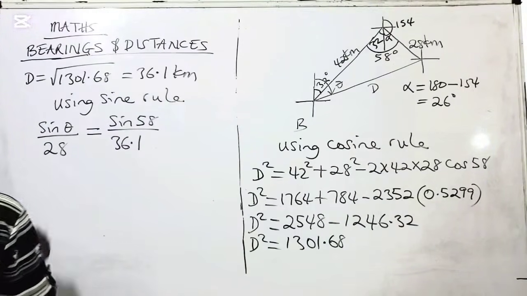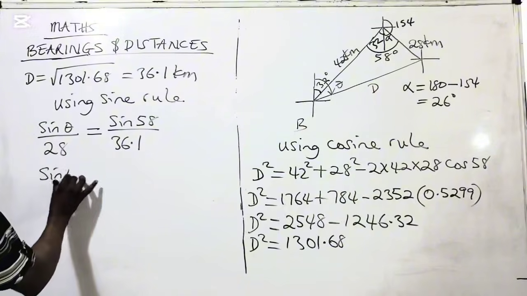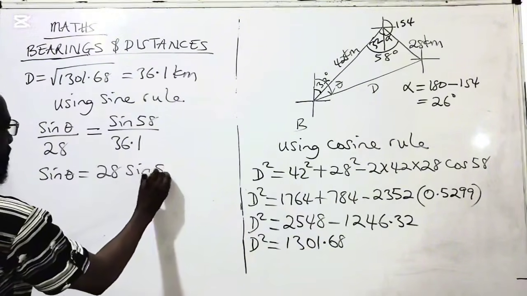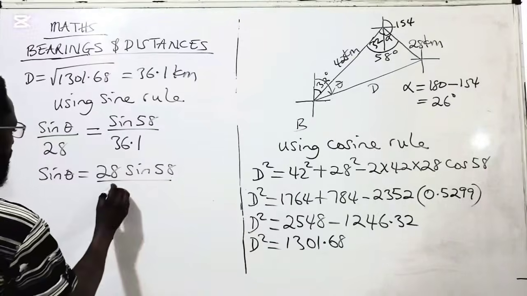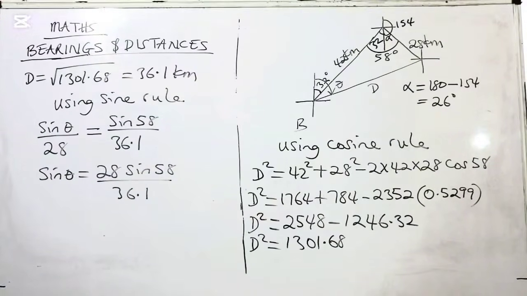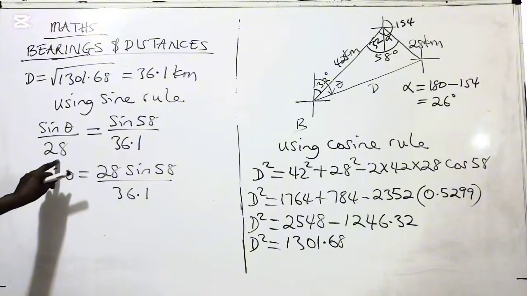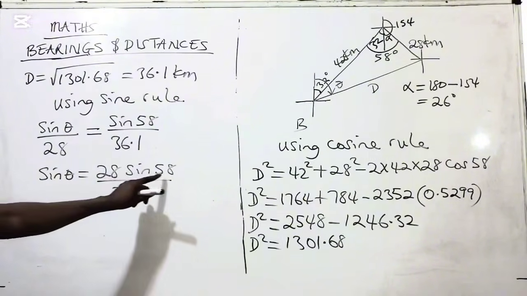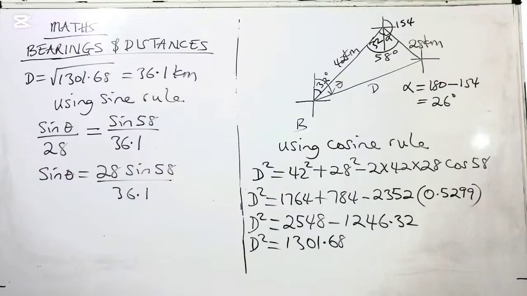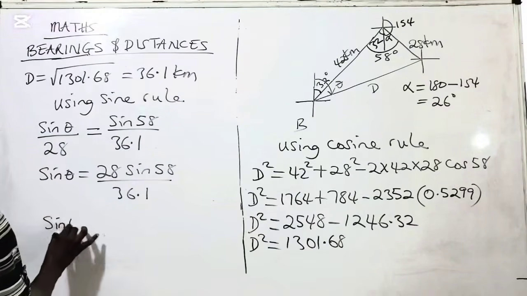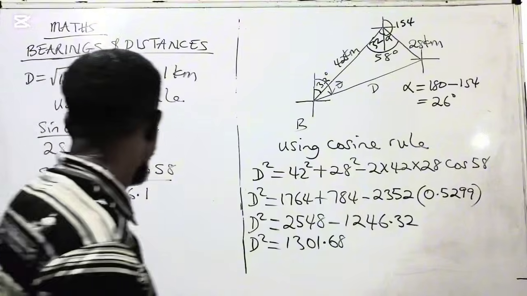So sine theta equals 28 sine 58 over 36.1. We cross multiply, the 28 goes to multiply sine 58, so we get 28 sine 58 divided by 36.1.